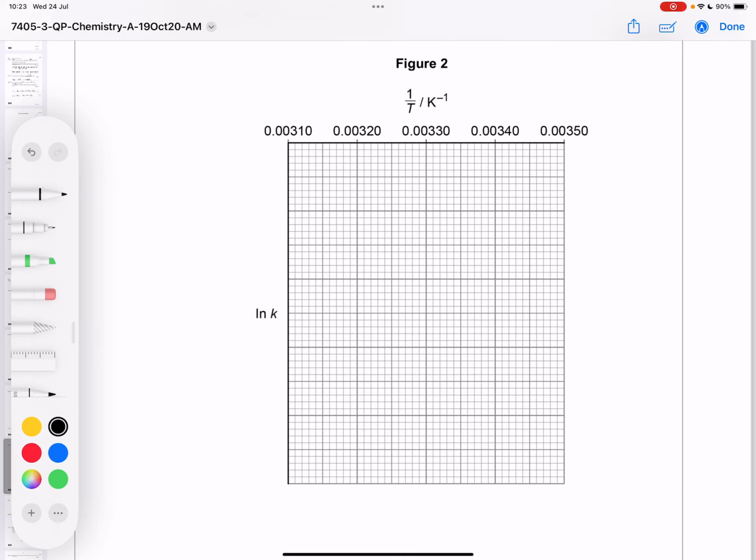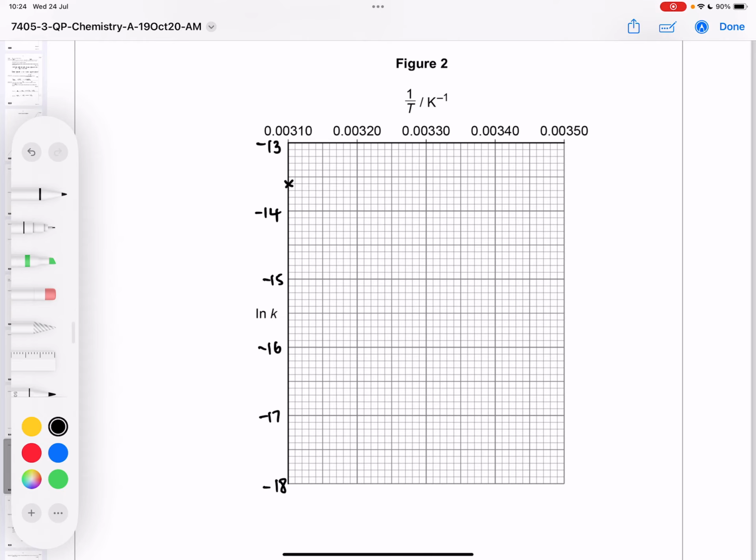So we want to make a scale, looking at what they've given us. If we started at minus 13 on the big square, minus 14, minus 15, minus 16, minus 17, remember we need to get to minus 17.7, minus 18, then it does seem to fit to the graph paper quite nicely like that.